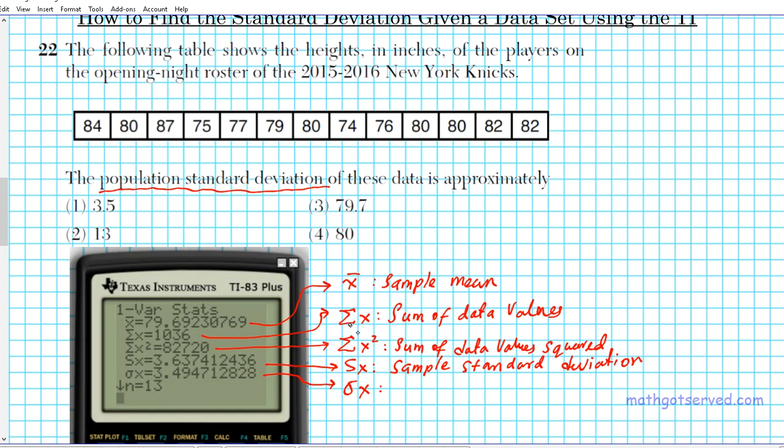Uppercase sigma represents sum in the Greek alphabet, but lowercase sigma represents standard deviation. So lowercase sigma in this particular output table represents the population standard deviation.